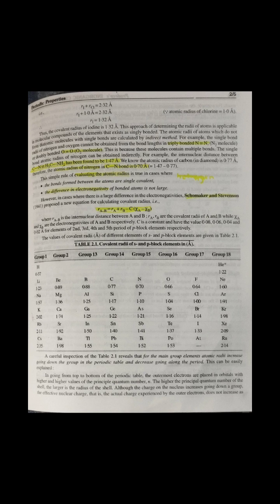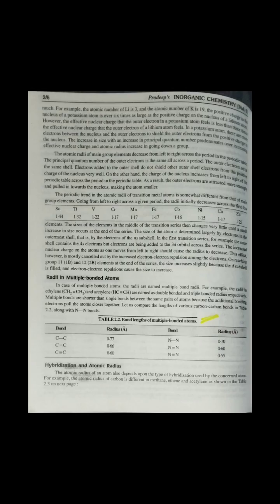The effective nuclear charge, that is the actual charge experienced by outer electrons, does not increase as much. For example, the atomic number of lithium is 3 and the atomic number of potassium is 19. The positive charge in the nucleus of a potassium atom is over 6 times as large as the positive charge on the nucleus of a lithium atom.